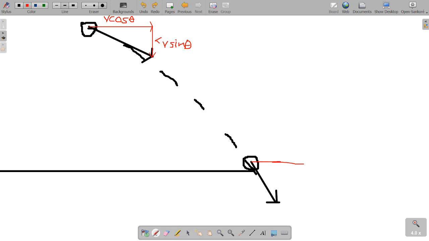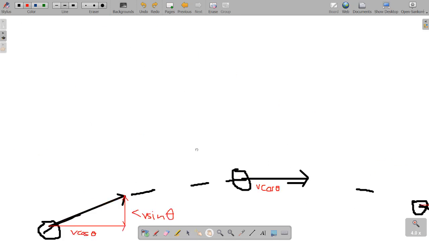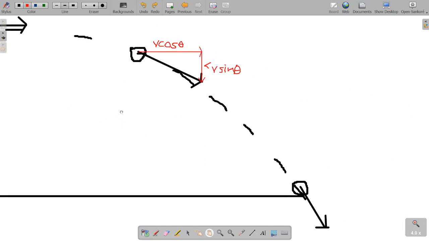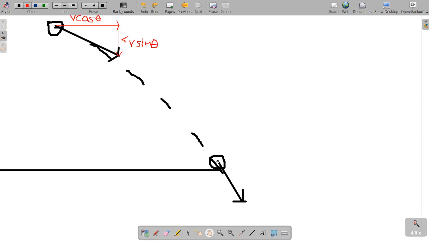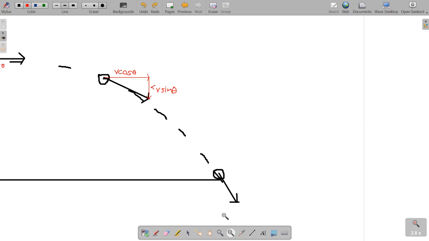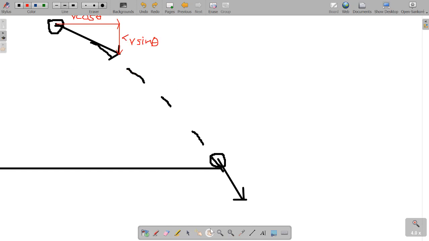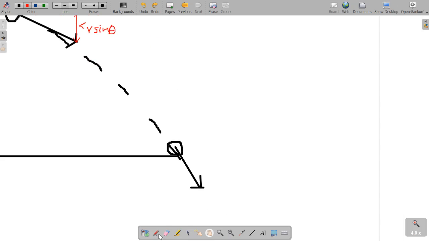Okay, I'll draw what it's supposed to be. The V cosine theta velocity vector is supposed to remain the same all the way, but apparently I forgot to make it longer.